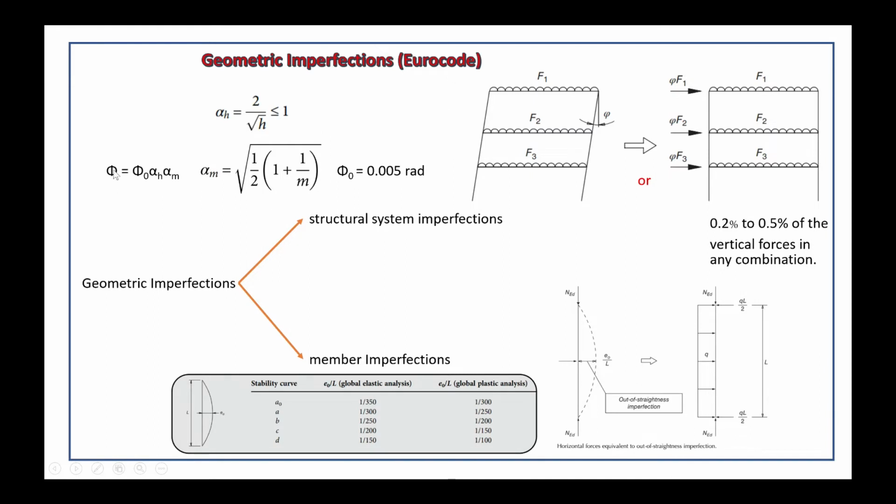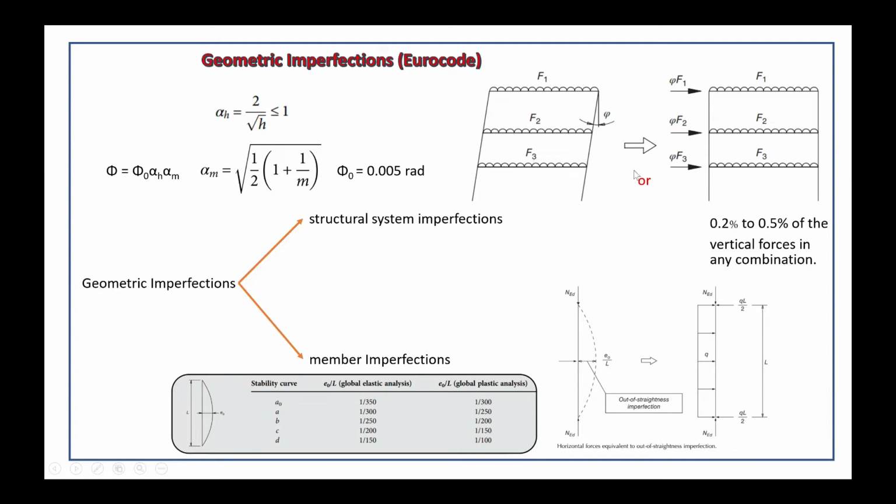For Eurocode, we can calculate based on the inclination of the structure: phi is equal to phi 0 multiplied by alpha h multiplied by alpha m. According to the formula, you can find alpha h, alpha m, and phi 0 equal to 0.005 radian. You can compute it in the formula to calculate phi.